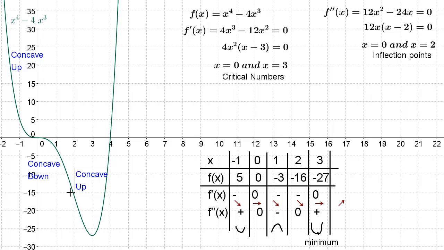It's concave down from there to there. Then, beginning at x equals 2, it begins that concave up. It's a positive second derivative. And the function, as the first derivative showed us, is decreasing, 0, decreasing, 0, and then increasing. So the function does exactly what we believe it to do.